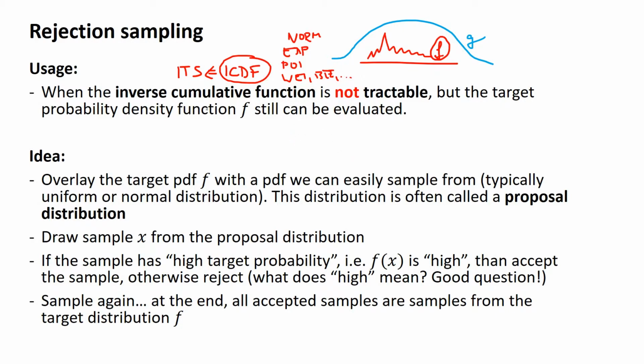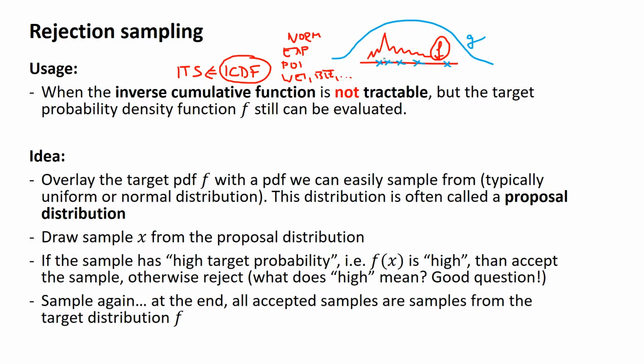And now the idea is, we have this distribution overlaying, meaning the blue line is always above the red line. We can sample from this blue distribution, so let's say we obtain samples like these. Now we look at each sample and at the probability of this sample under the distribution f.